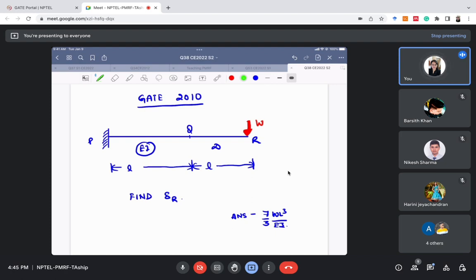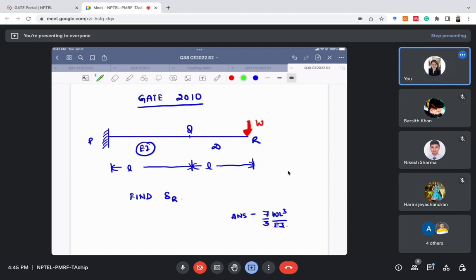In this question there's a cantilever beam PQR. The flexural rigidity of part PQ is given to us as EI, whereas the flexural rigidity of the QR part is infinite.